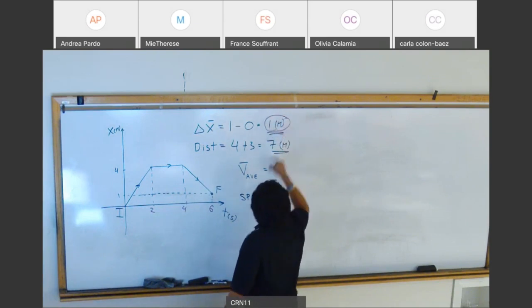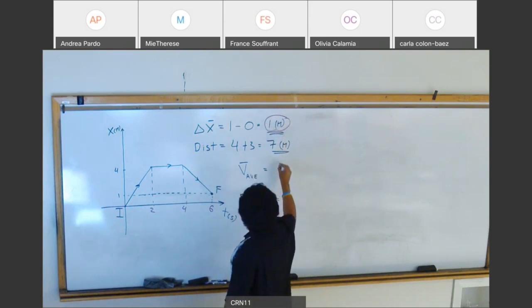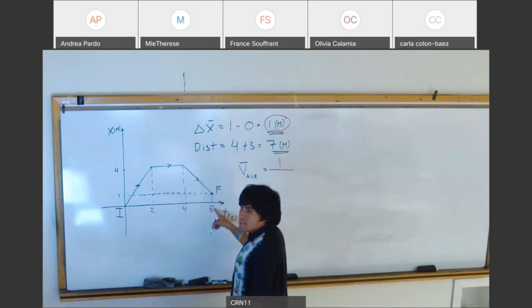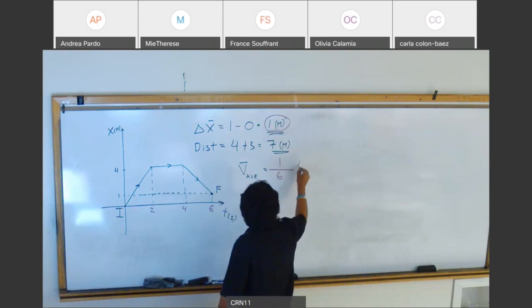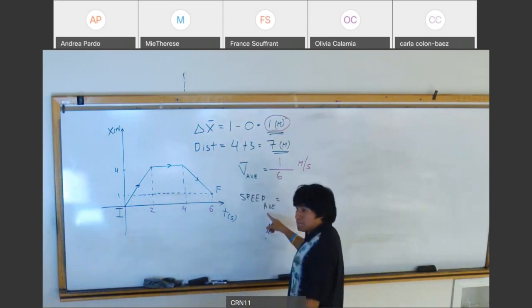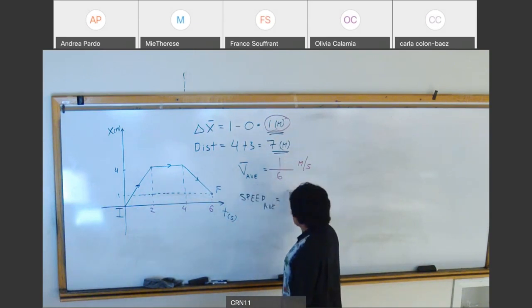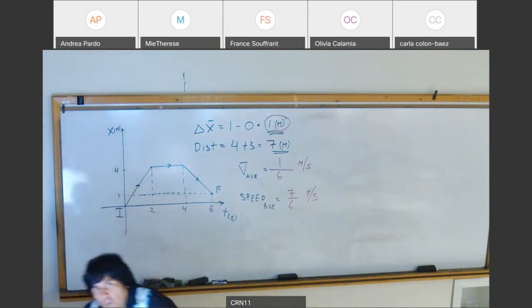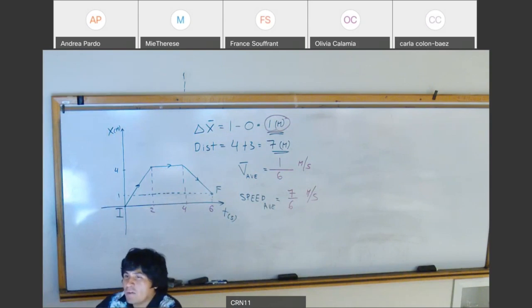So the average velocity will be 1 over, what's the total time? 6 seconds. And the average speed is related with the distance. Way more, 7 times more than that. It's nothing weird. It's because one is a vector, so one cares about your direction of motion. The other one cares about just how much you move per unit time.